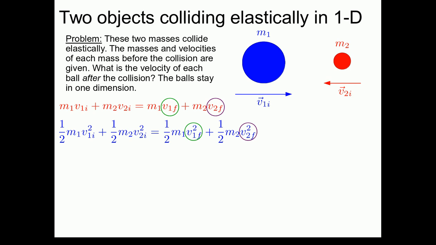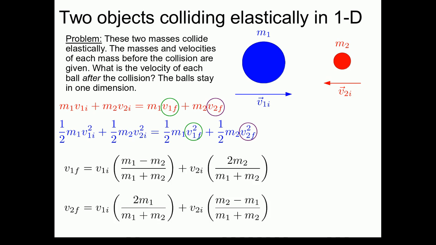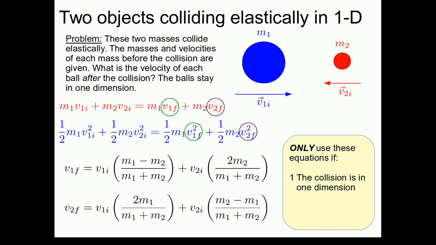Now you can see that we have two equations and two unknowns, and that we can solve this as a system of equations for v1f and v2f. While the algebra gets somewhat tedious, the results are here, and will be provided on your equation sheet. Note that you can only use these equations if the collision is in one dimension and the collision is elastic. If the collision does not meet these requirements, then you cannot use these equations.